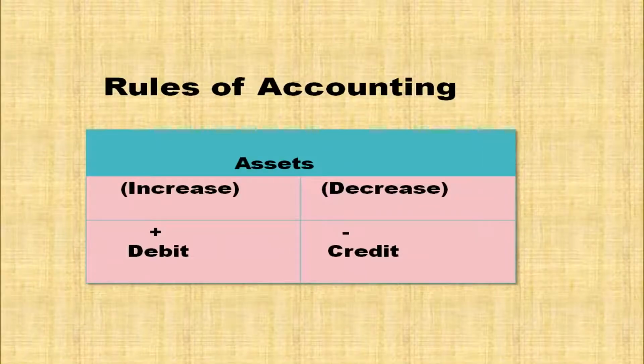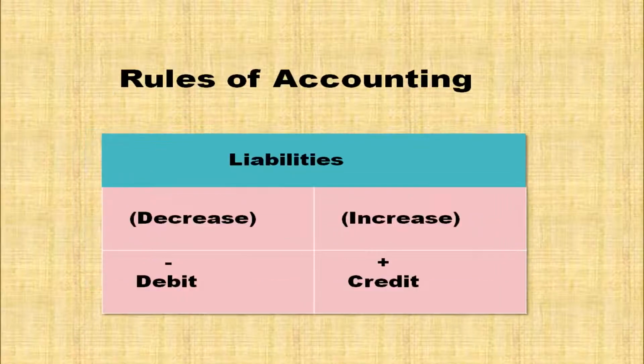So, when you look into this slide, you can easily identify the rules. Asset: when it is increased, it is debited; when it is decreased, it is credited. Liabilities: when it is increased, it is credited; when it is decreased, it is debited.